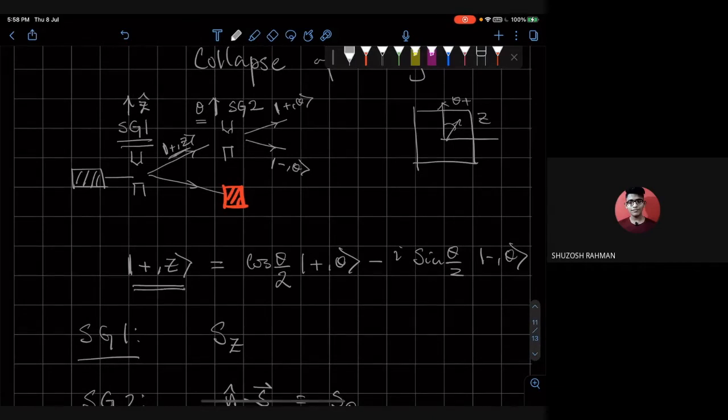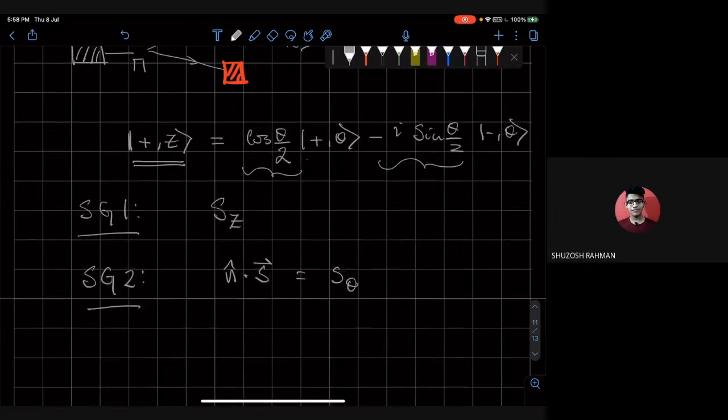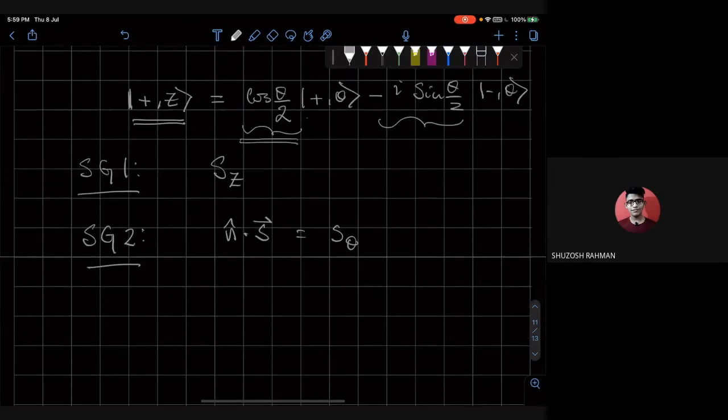Now, this is the amplitude for the beam to be in the spin up state, and this is the amplitude for the beam to be in the spin down state. So what is the intensity of the spin up state? Of course, it's going to be this amplitude squared. In other words, I take this state and project onto this part, which means I take the inner product with this thing and then take the mod squared.